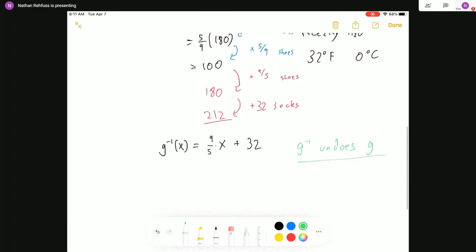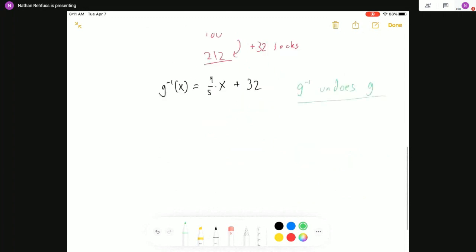So for example, let's say it's 68 degrees Fahrenheit. Say it's a cool morning here and it's 68 degrees Fahrenheit, but I'm trying to tell my friend in Germany what the temperature is. Well, they only understand Celsius over there.